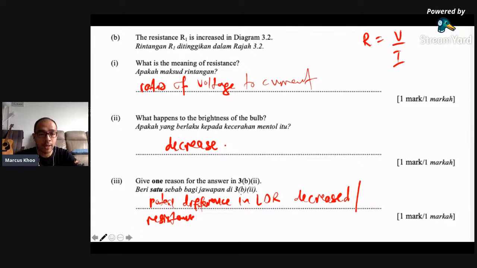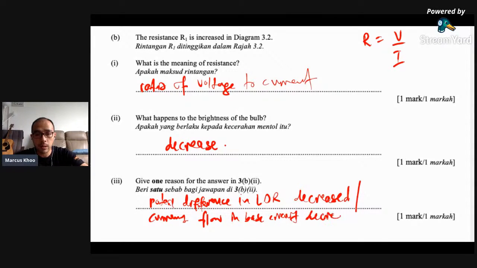The resistance is the same. It's just that the potential difference in the LDR decreases, or the other one is the current flow in the base circuit decreases. Either one of these.